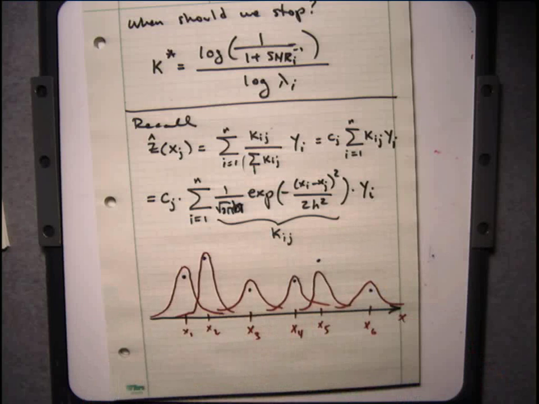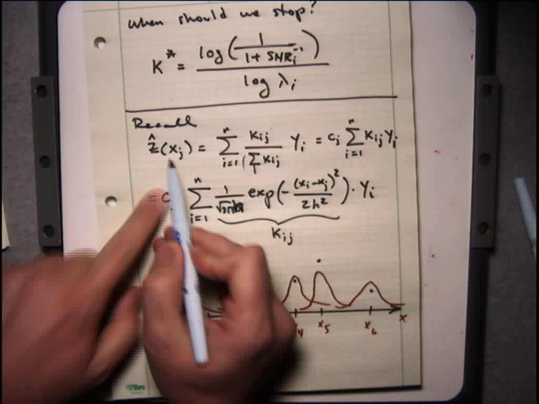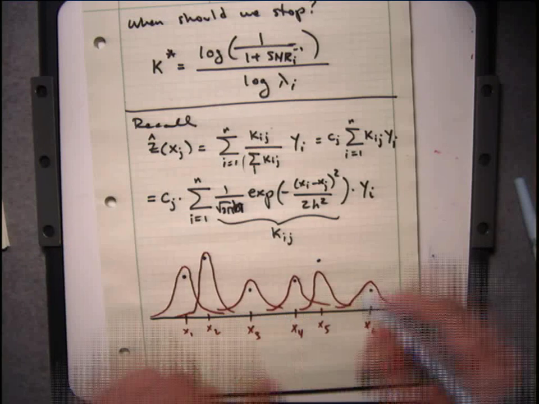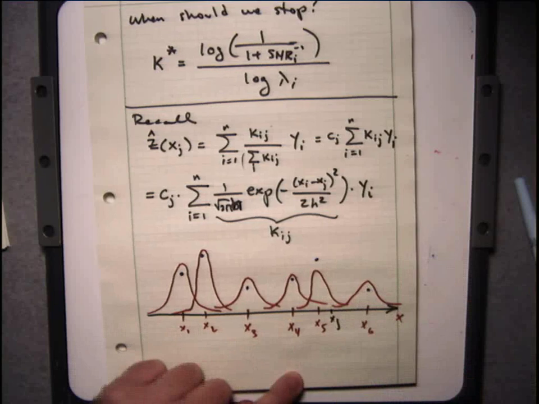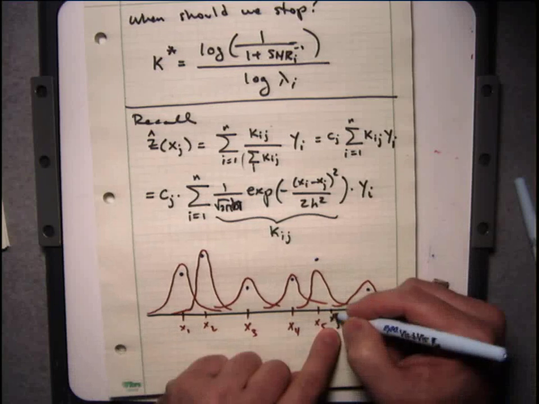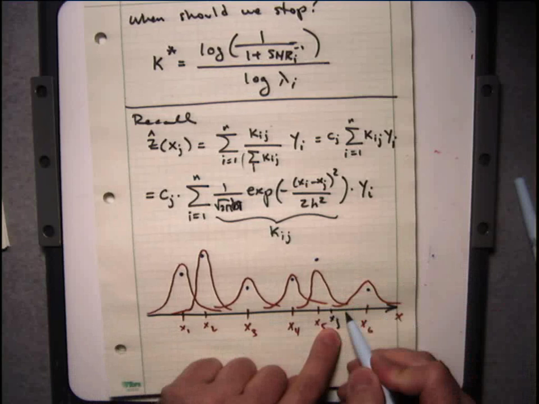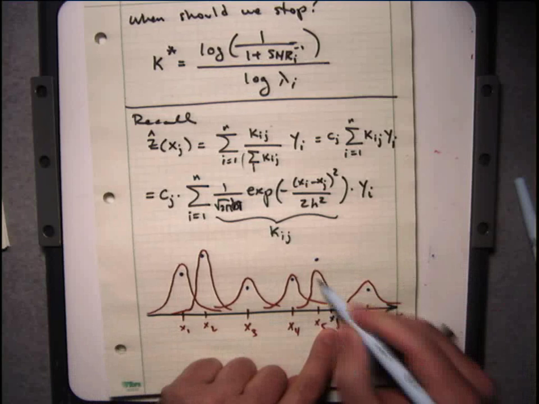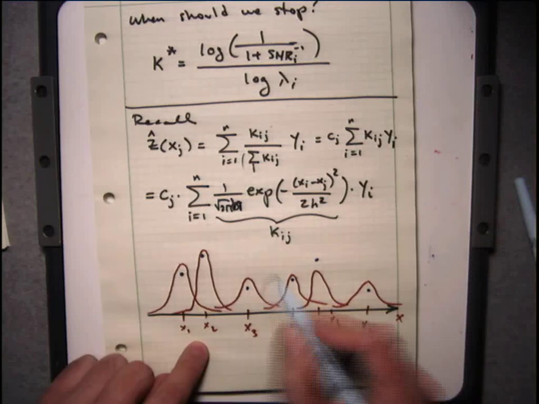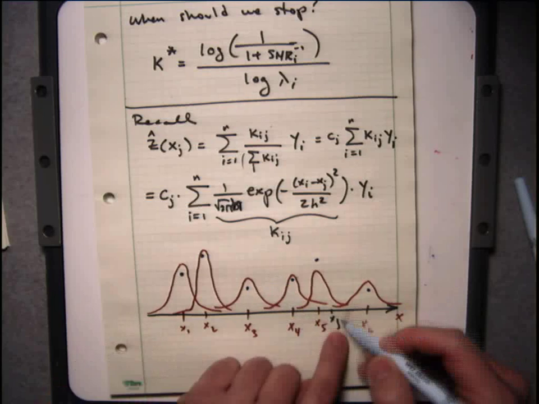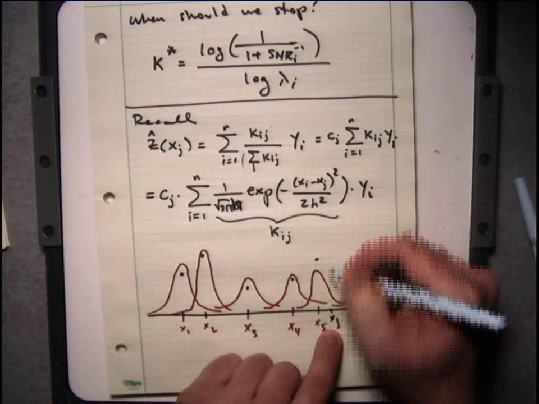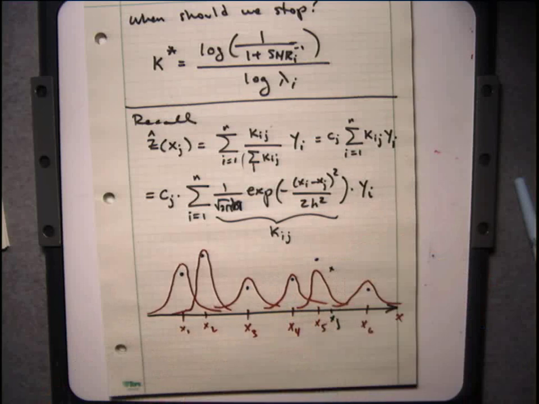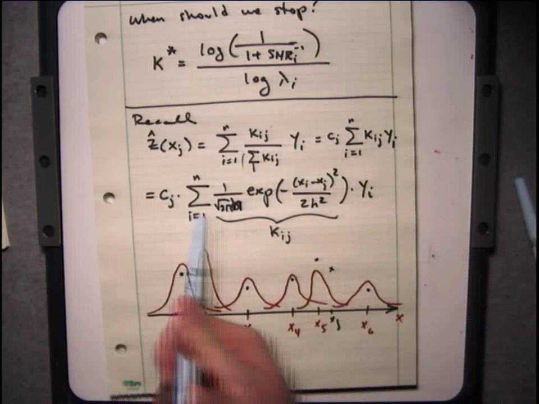Now, when you want an estimate, let's pick a point. Let's say your xj is over here. This xj is going to be the linear combination of all of these bumps, all of the contributions of all of these bumps added up at this point. So you're going to get some value like that, and that's exactly what this expression is telling you.